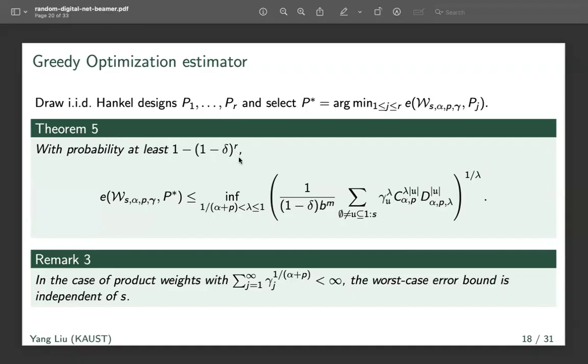Here we have this high probability worst case error bound, that the error is bounded by essentially b to the minus m to the power 1 over lambda. And when lambda is close to 1 over alpha plus p, we get the convergence rate alpha plus p. And here the corresponding dimension independence condition is the summability of these gammas to the power 1 over alpha plus p, which corresponds to this worst case convergence rate.